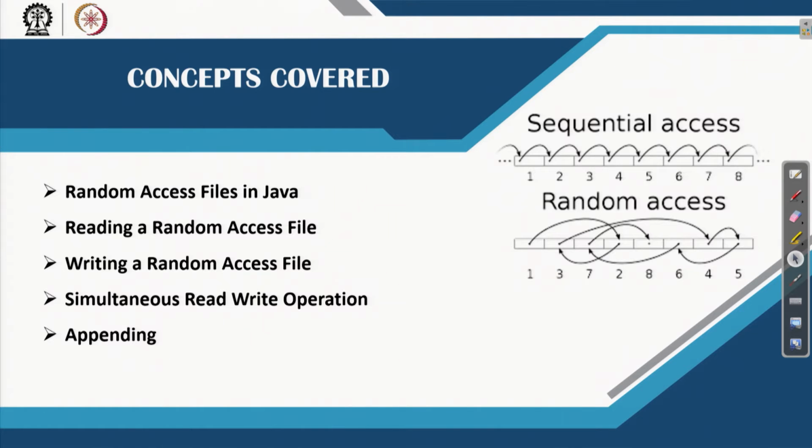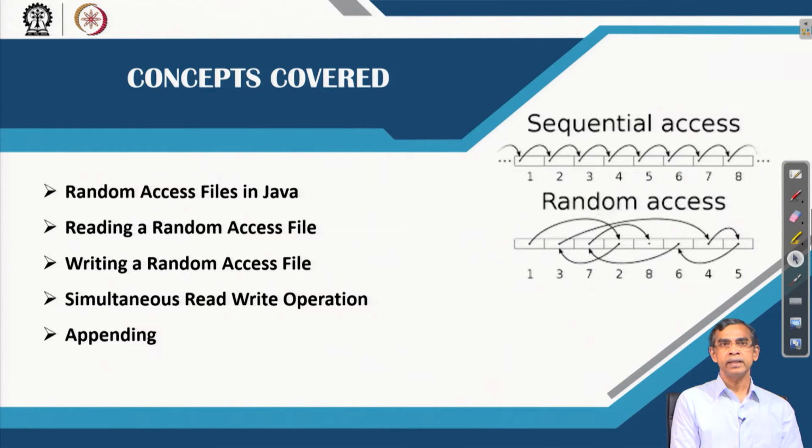java.io package. In this lecture we will cover the basic concept of random access file, how data can be read from a random access file, and how data can be stored into a random access file.